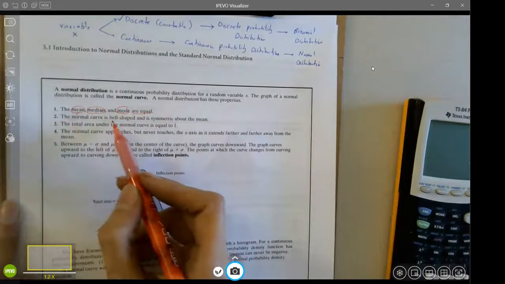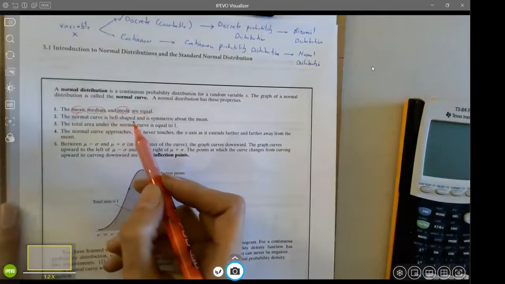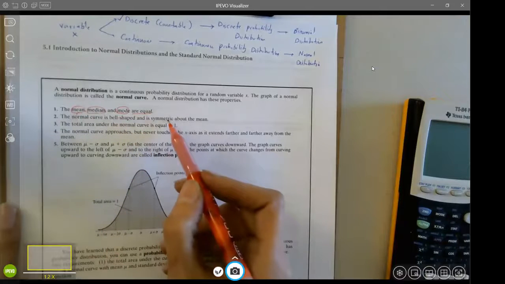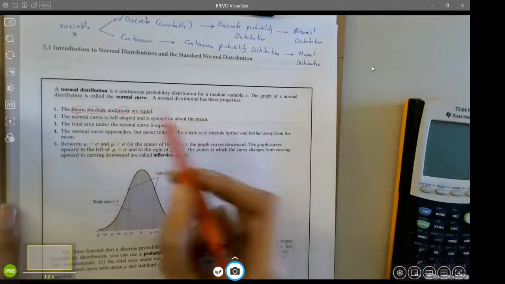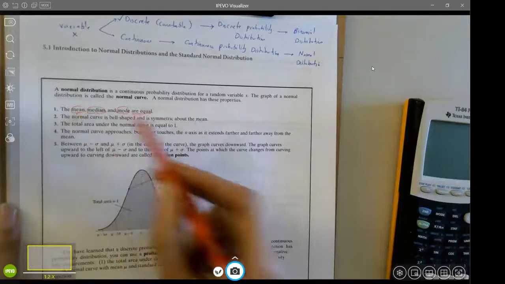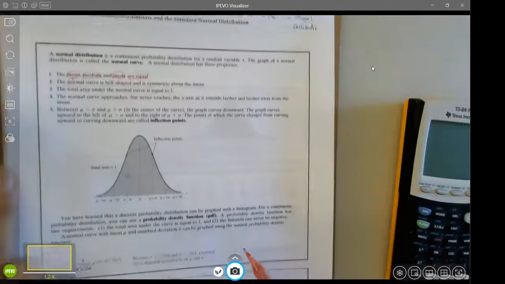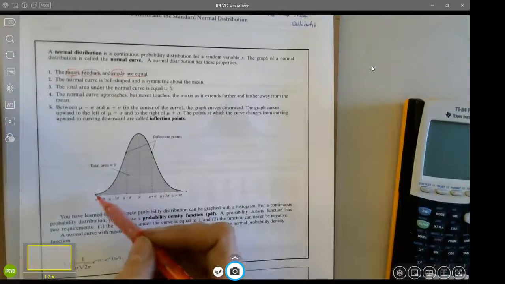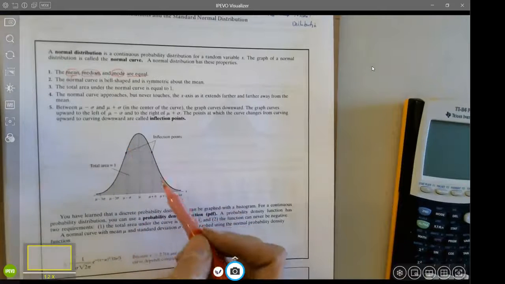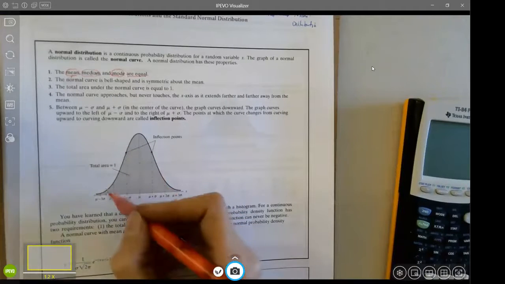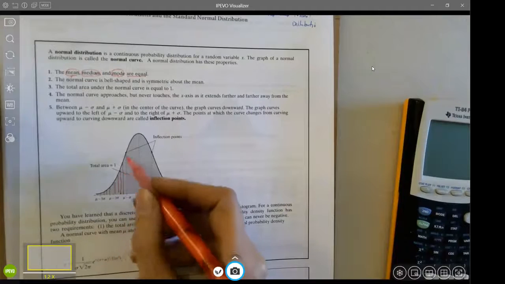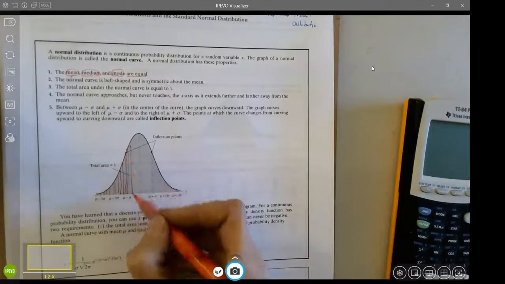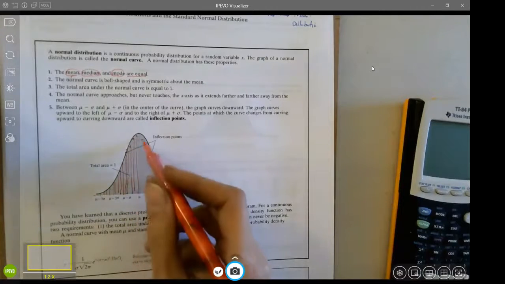The normal curve is a bell-shaped graph, and it is symmetric about the measure of center, which can be mean, or median, or mode. Bell-shaped graph. These are just your bars, showing the frequency of your collection.